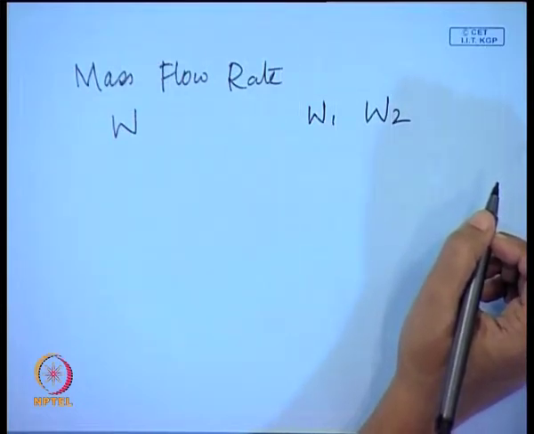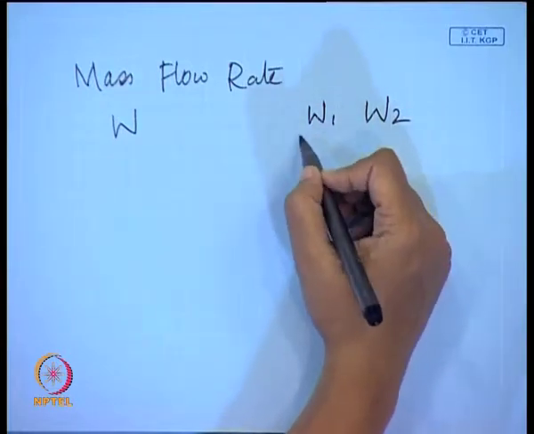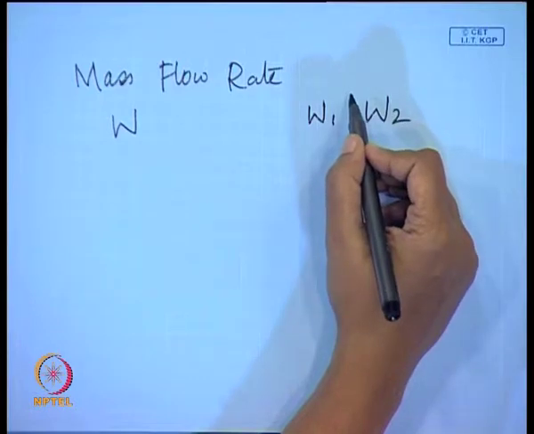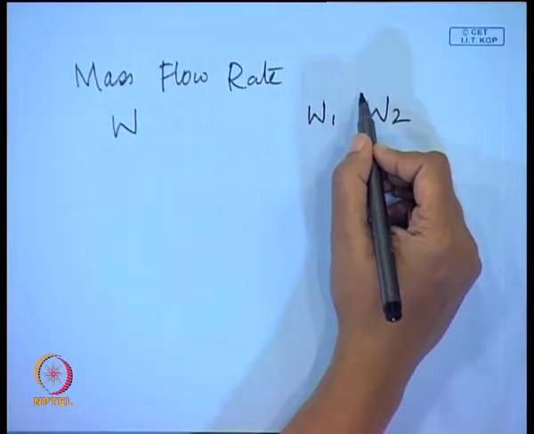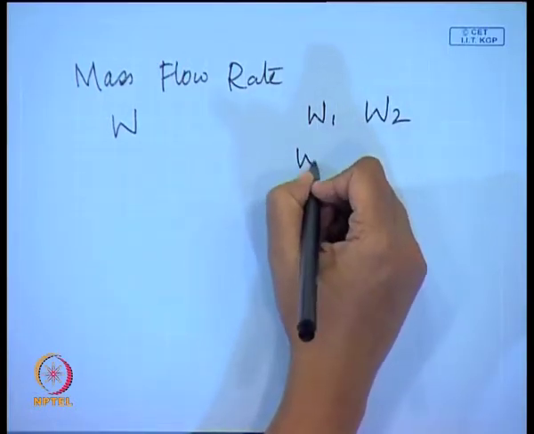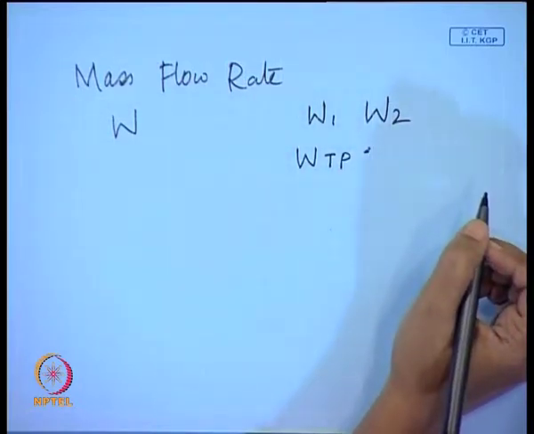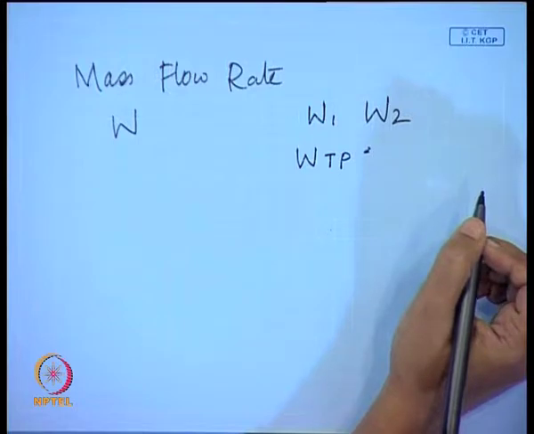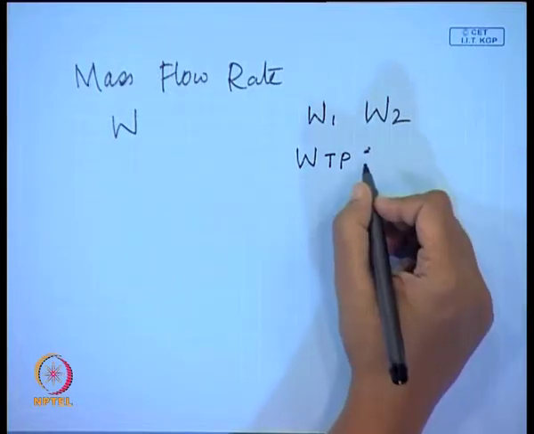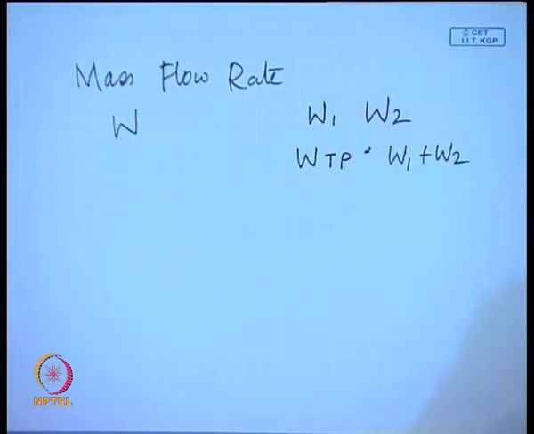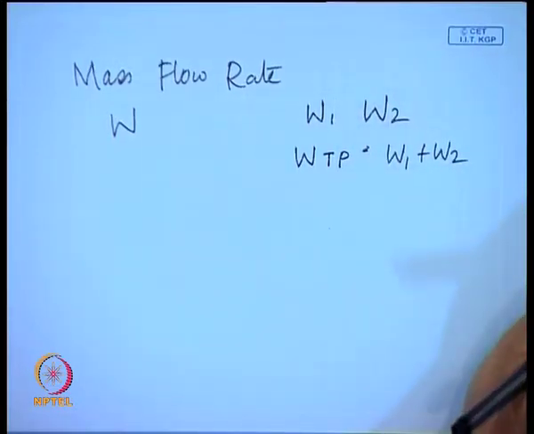If it is two liquids, then W1 is the mass flow rate of the heavier liquid and W2 is the mass flow rate of the lighter liquid. Agreed? Along with that, we also have W2 phase. You can also use Wm if you wish, but I would prefer to use W2 phase, which is nothing but equal to W1 plus W2. Agreed, from the equation of continuity.